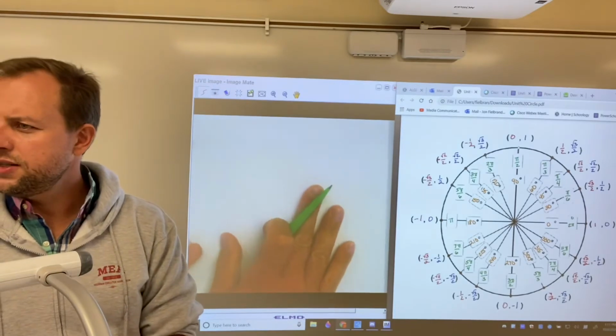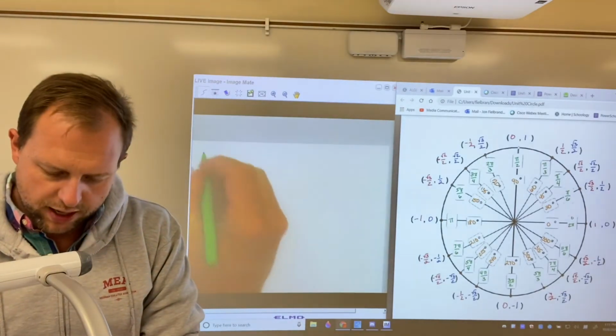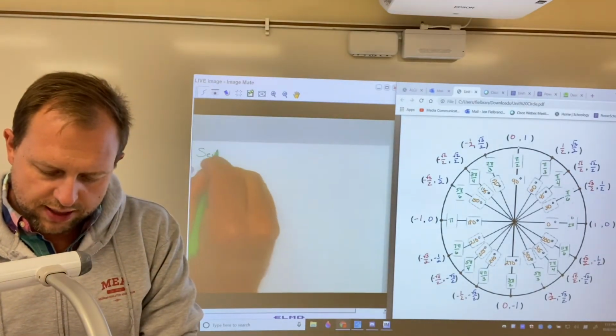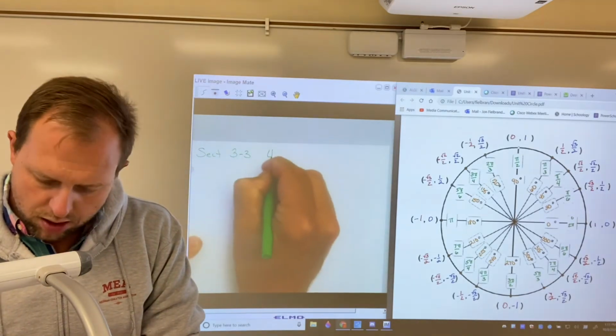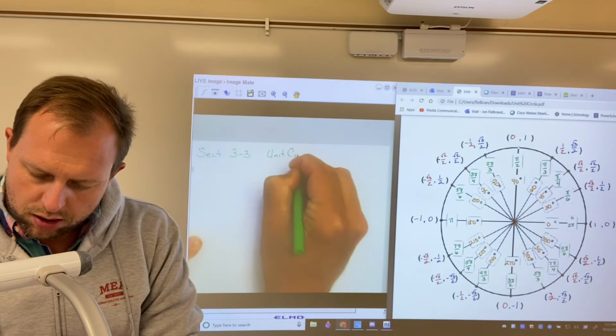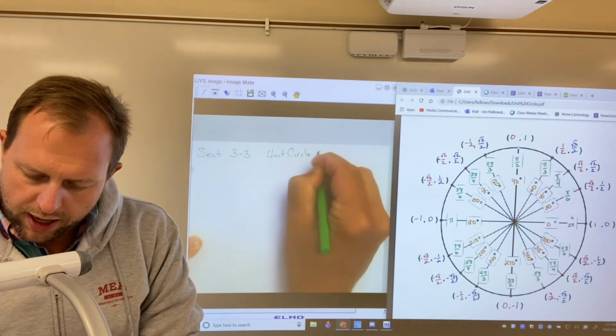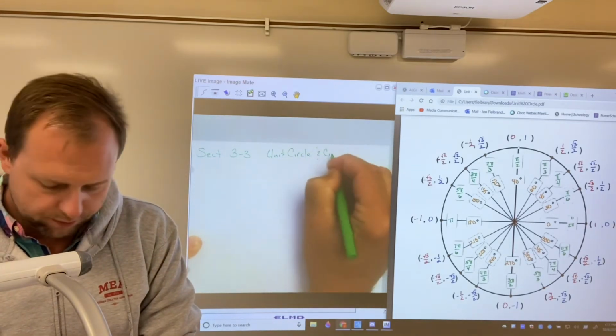So these notes are on section 3-3, unit circle, and circular functions.